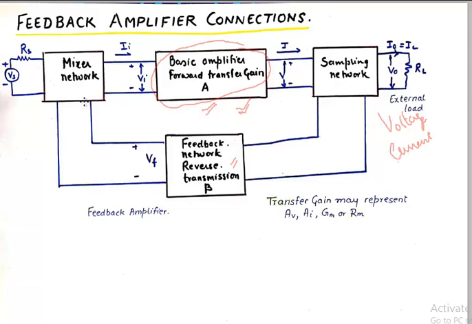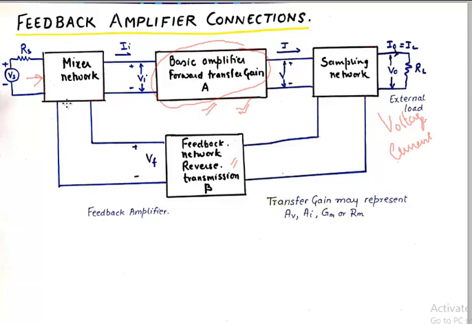And on this side, at the input side, we have a mixer network, again a key term. And the job of the mixer network is to take the feedback from the feedback network and mix it with the incoming input signal.